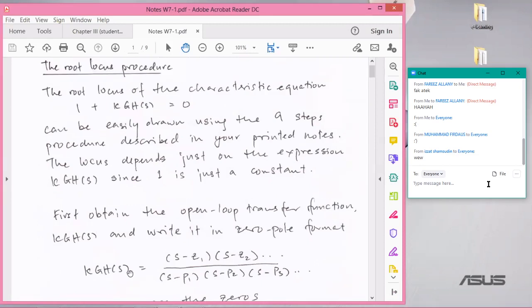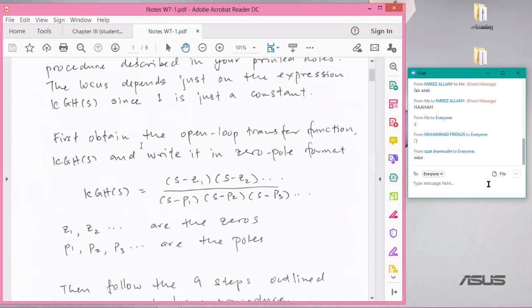But we are using the open loop transfer function KGH to help us draw the closed loop root locus diagram, because 1 plus KGH is the characteristic equation of the closed loop system. But 1 is just a constant. So all we have to do is pay attention to the open loop transfer function, and then we can draw the root locus diagram. 1 is just a constant. It has no bearing on the root locus diagram.